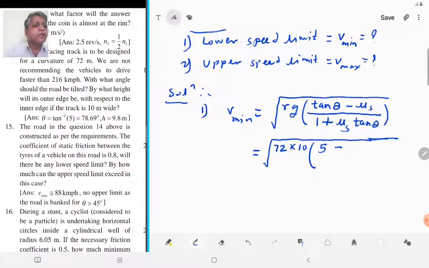Mu s is here given 0.8 upon 1 plus 0.8 into 5.